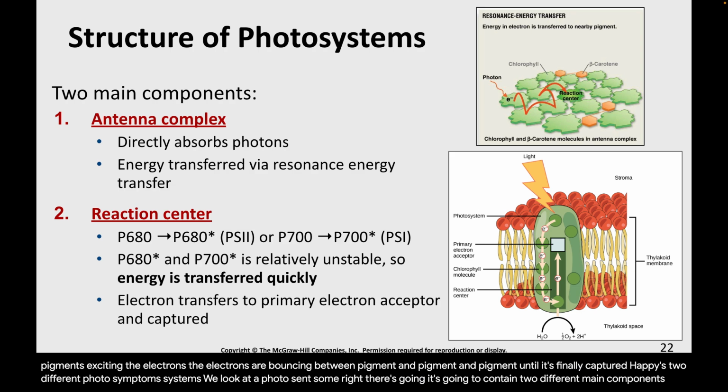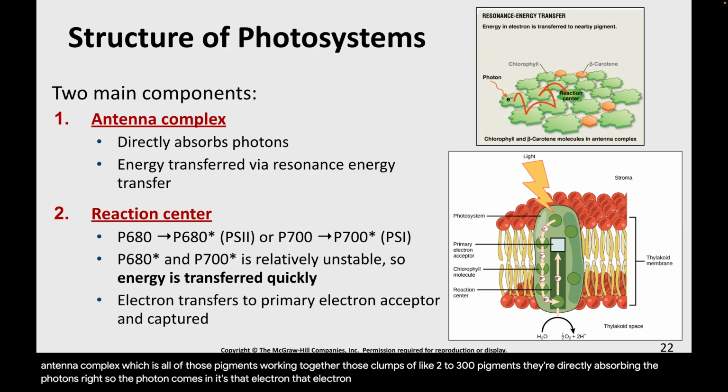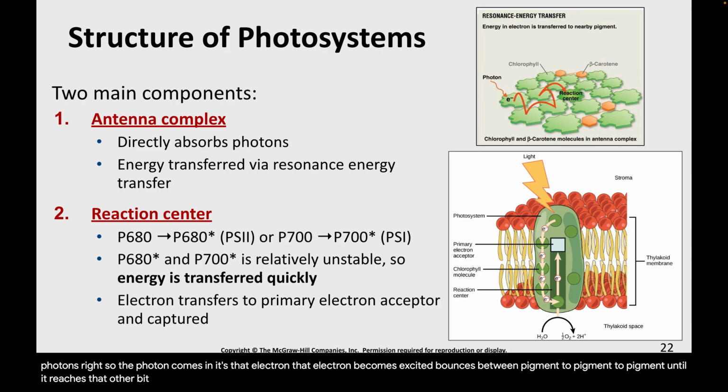The antenna complex, which is all of those pigments working together, those clumps of like 200 to 300 pigments. They're directly absorbing the photons. So the photon comes in, hits that electron, it becomes excited, bounces from pigment to pigment to pigment, until it reaches that other bit of our antenna complex that we call the reaction center. It's the reaction center that differs between photosystem 1 and photosystem 2.